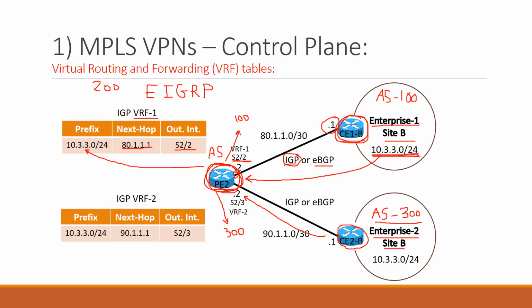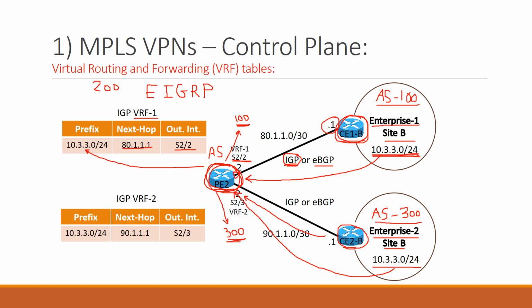And one of the requirements of EIGRP is that the two neighbor routers should have the same autonomous system number. So for MPLS VPN, when we are going to use an IGP between the provider edge router and the customer edge router, we will use an instance that defines the autonomous system for each customer to perform EIGRP neighborship and exchange and learn the routes through this neighborship, through the update messages.